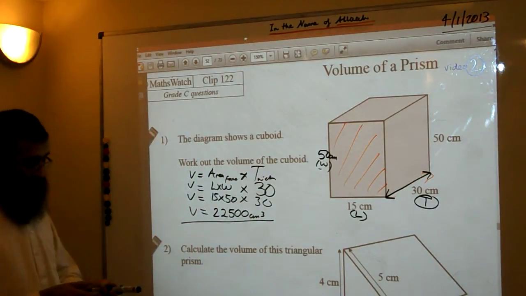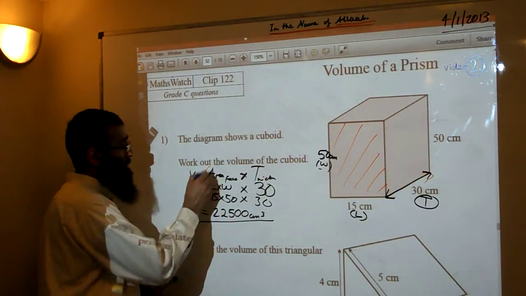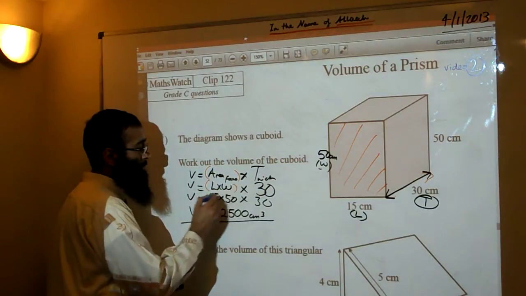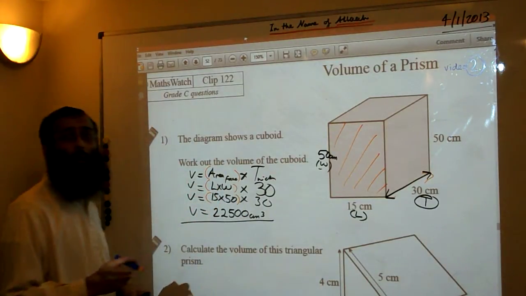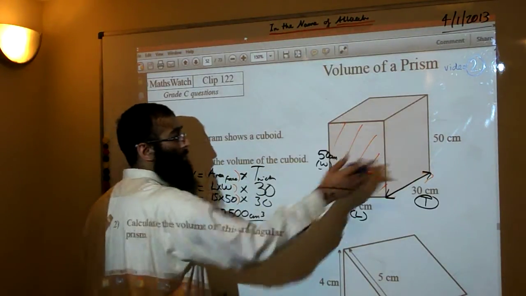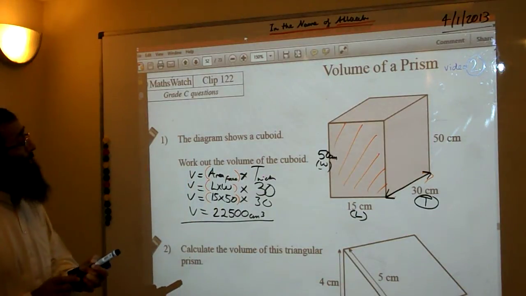Done. So the area of the face is this part times by that. That's enough of that particular question, folks.